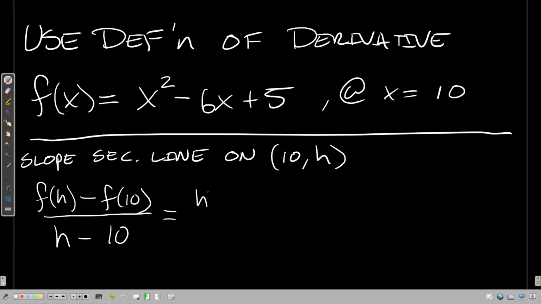And f of h would just be h squared minus 6h plus 5. And then minus the f of 10. F of 10 is going to be 100 minus 60 plus 5.